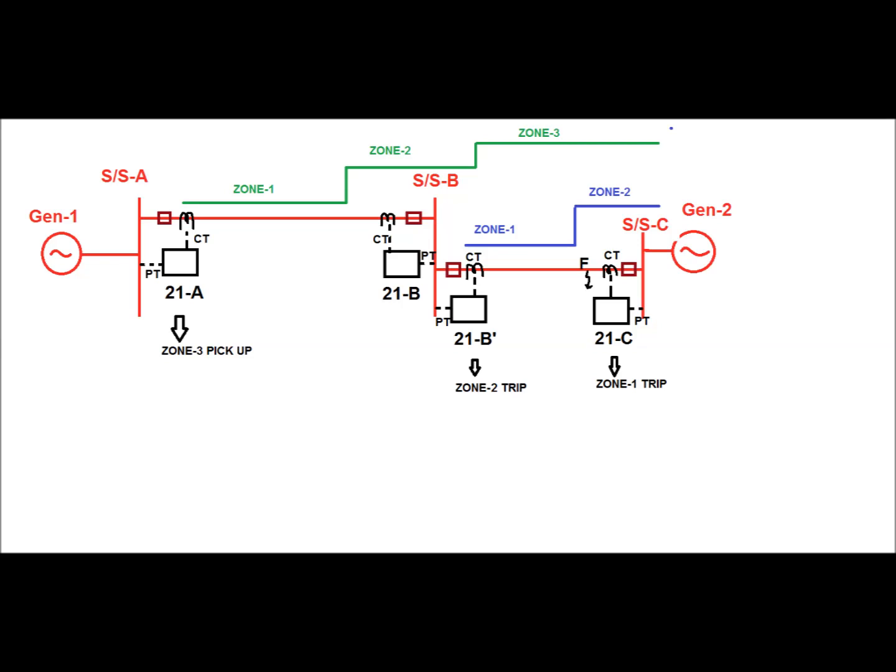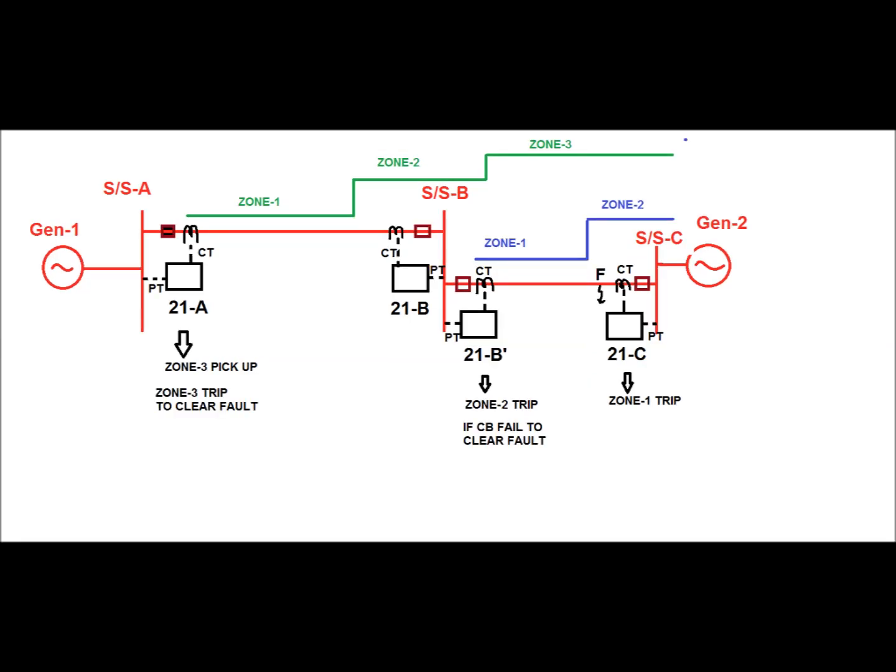The 21B dash relay should trip at zone 2 time, that is 300 to 350 millisecond delay, to trip the associated circuit breaker to clear the fault. At substation C end, the 21C relay should trip at zone 1 time to clear the fault.